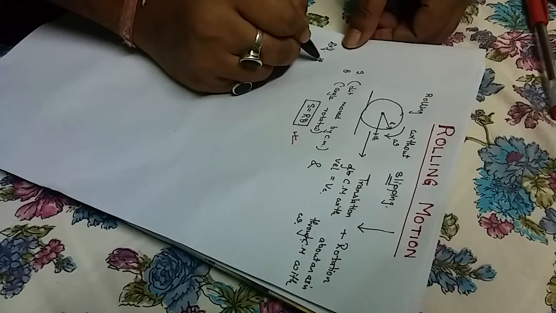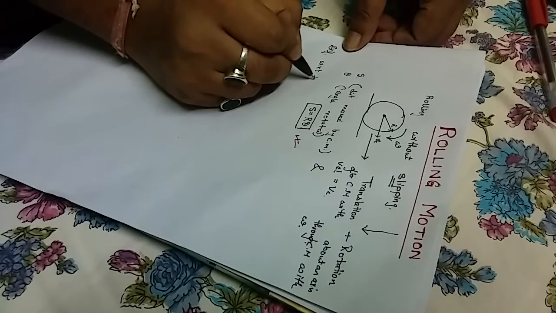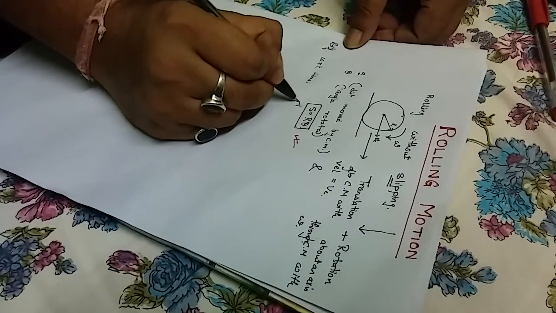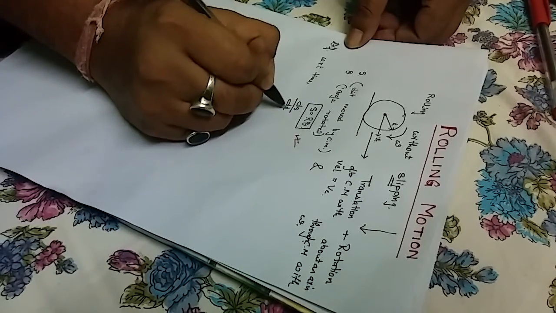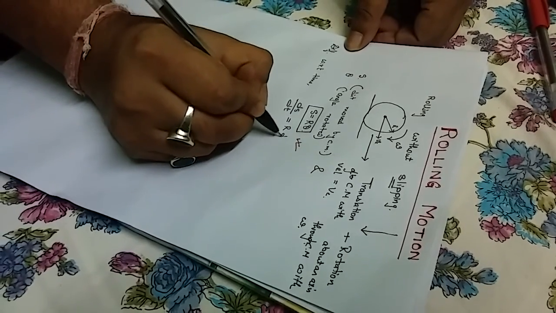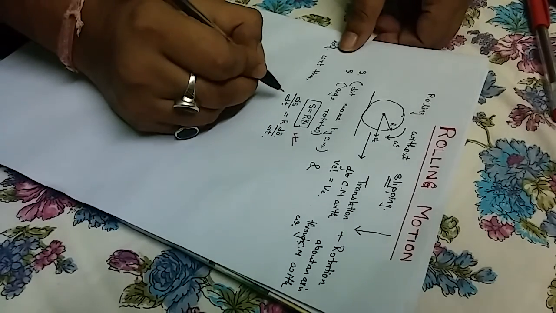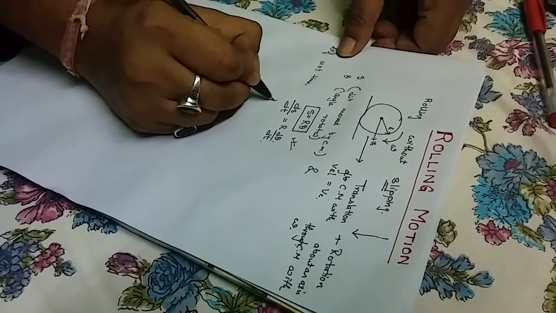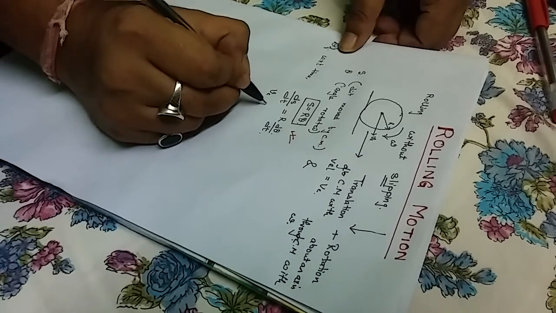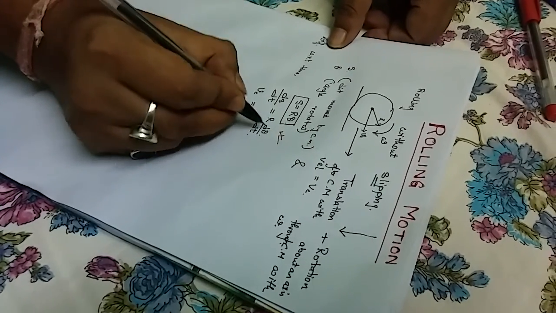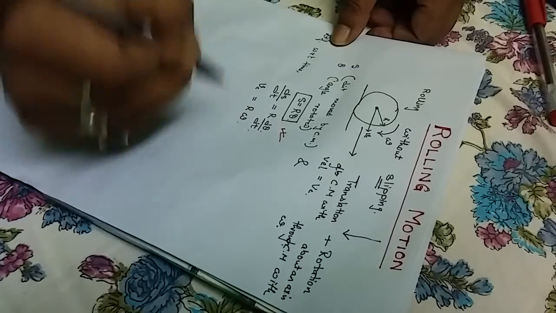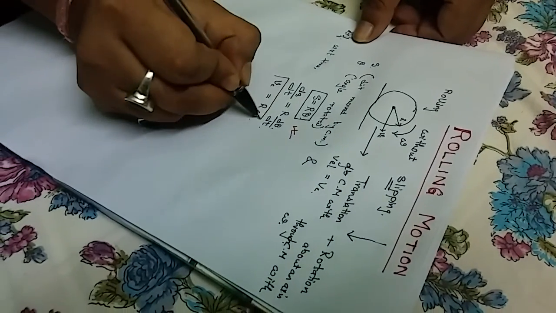Differentiating with respect to time on both sides, we get ds/dt equal to r d theta/dt. Here ds/dt is the velocity of the center of mass and r d theta/dt is r times the angular velocity omega.